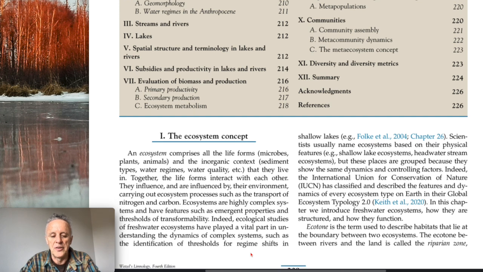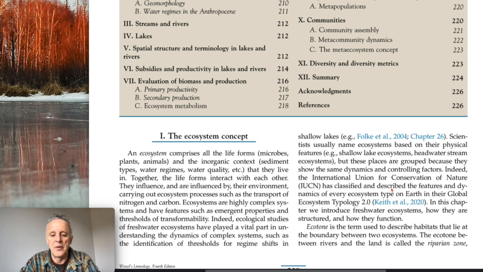Ecosystems are highly complex systems and have features such as emergent properties and thresholds of transformability. Indeed, ecological studies of freshwater ecosystems have played a vital part in understanding the dynamics of complex systems, such as the identification of thresholds for regime shifts in shallow lakes.